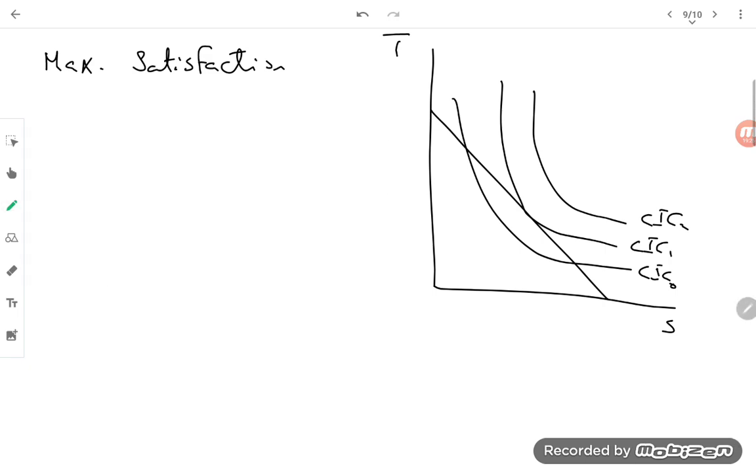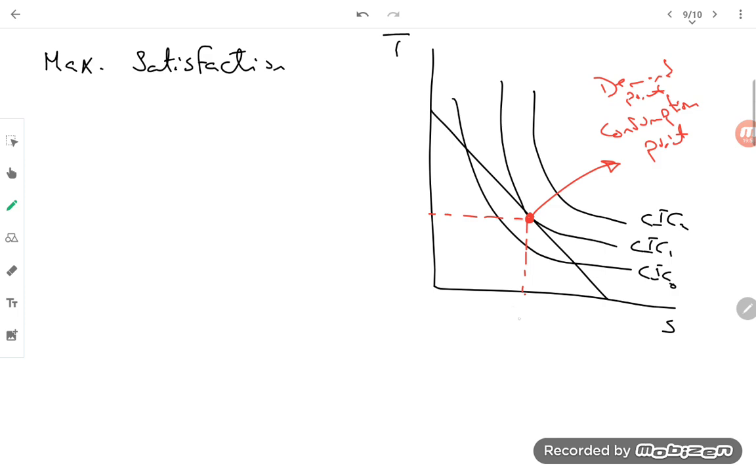Point of tangency of CIC with price line is the point of maximum satisfaction or consumption point, demand point, consumer choice.